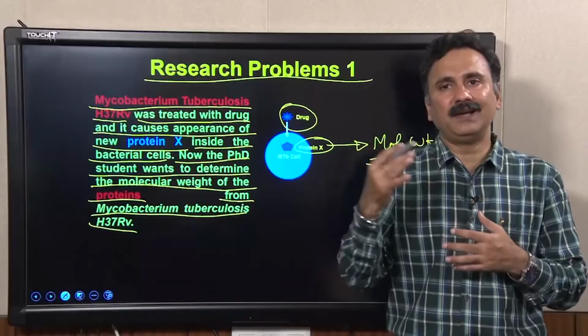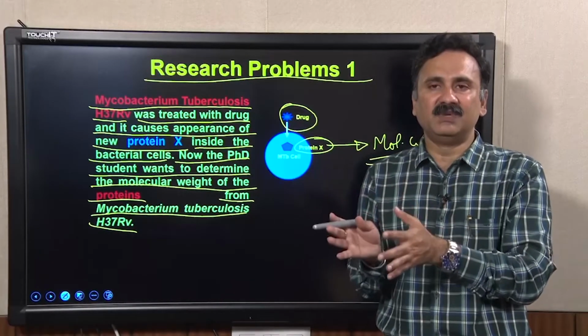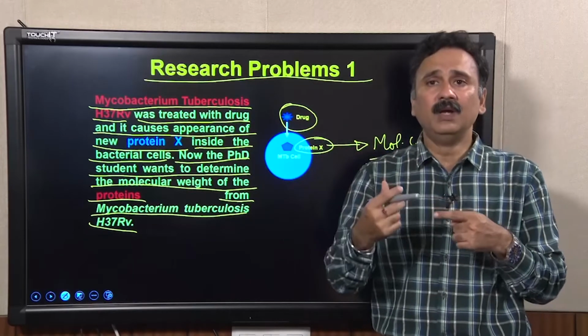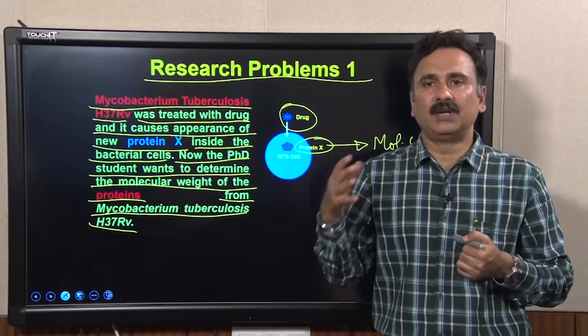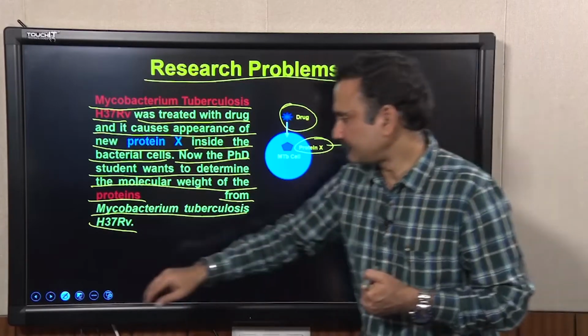You can do that simply by designing a suitable experiment, because here you want to know the molecular weight of the protein, and that is how you can utilize electrophoresis. Let us see how to do that.